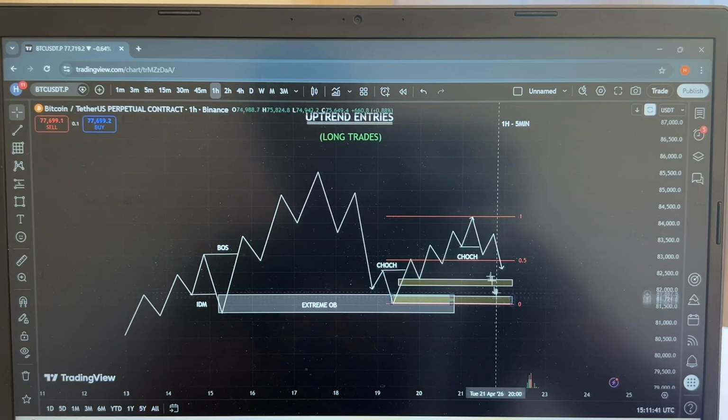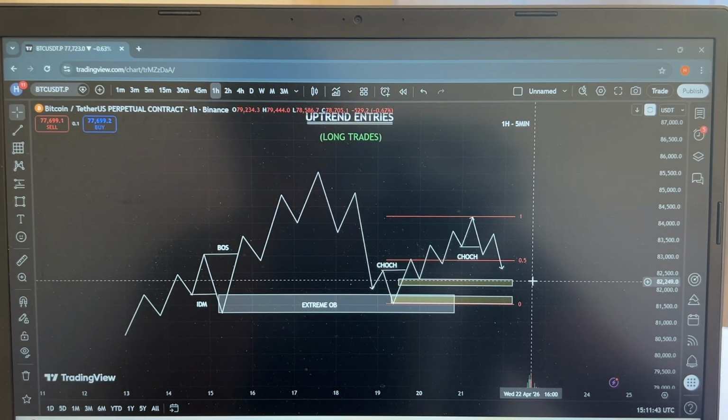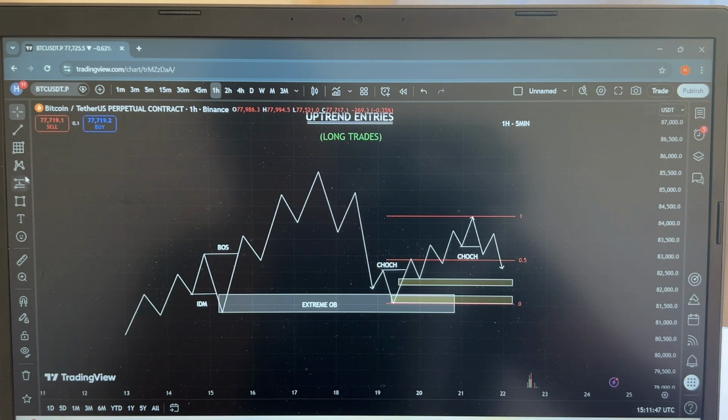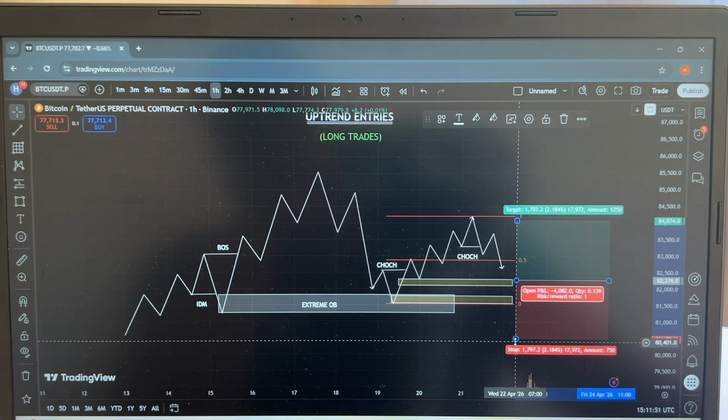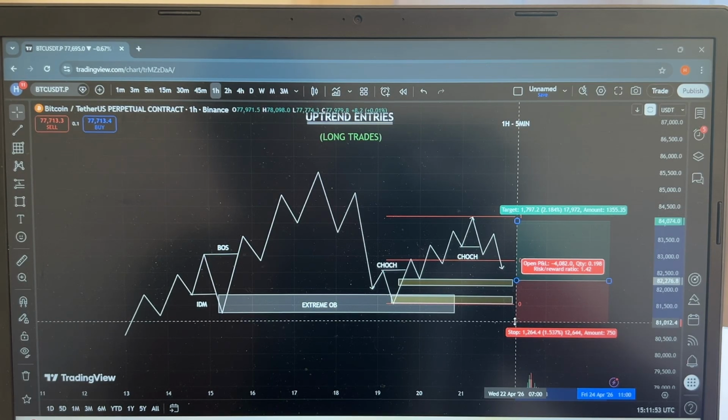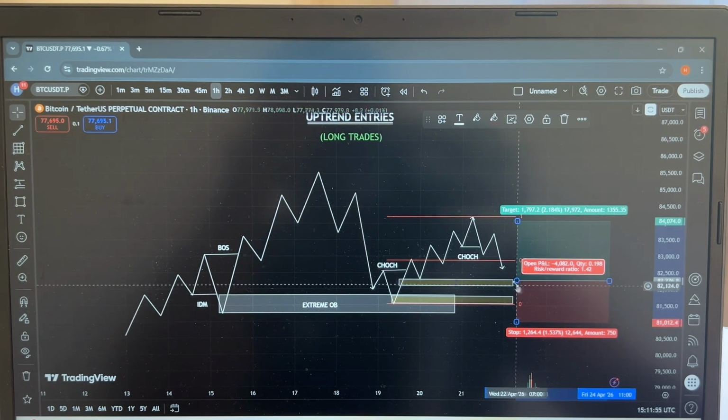Okay, all right, so sometimes you can actually put your entries somewhere over here and use your risk management, because you have no idea whether it's going to come to this order block or this order block.